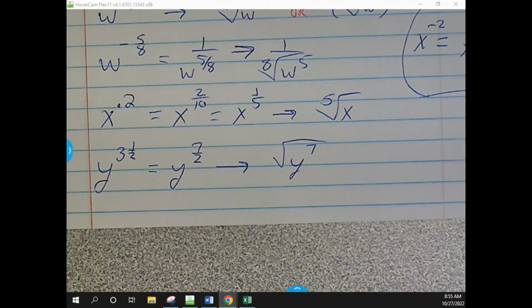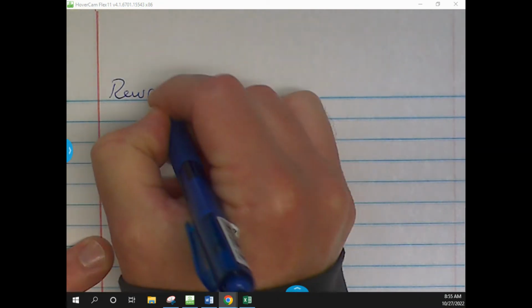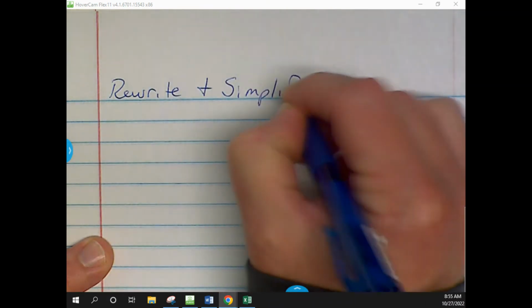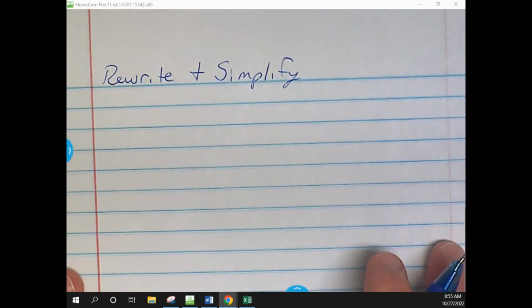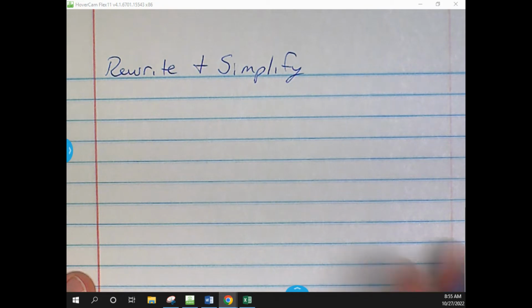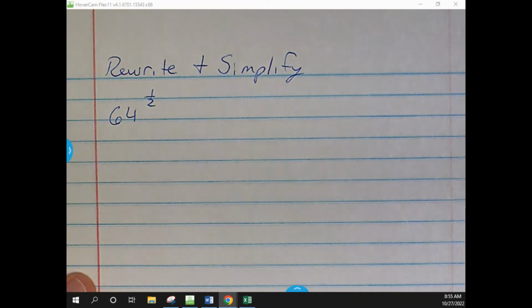Okay, now here's one where they're going to give you some problems, and they may ask you to not just rewrite it, but rewrite it and simplify it. So we've got 64 to the 1/2 power.